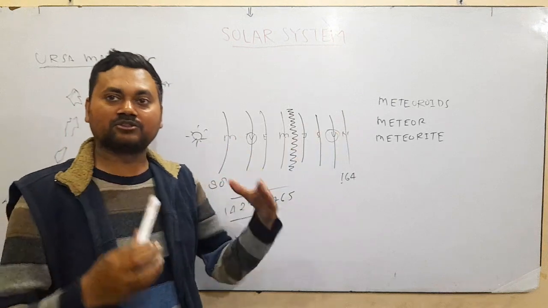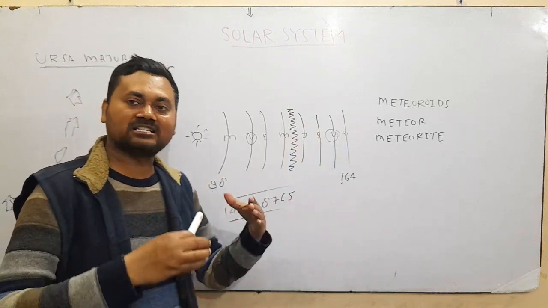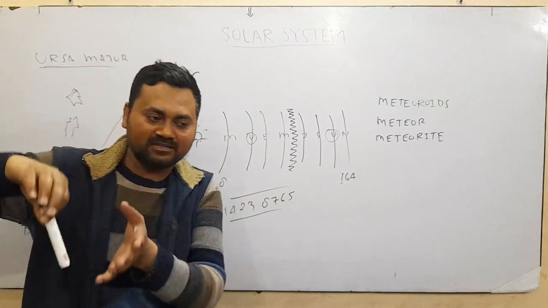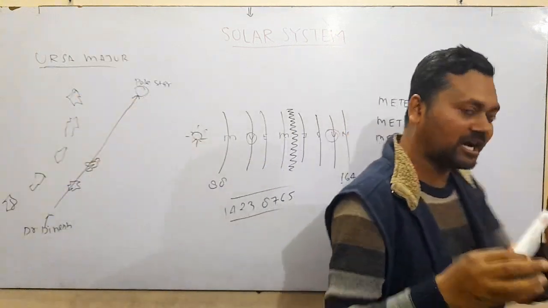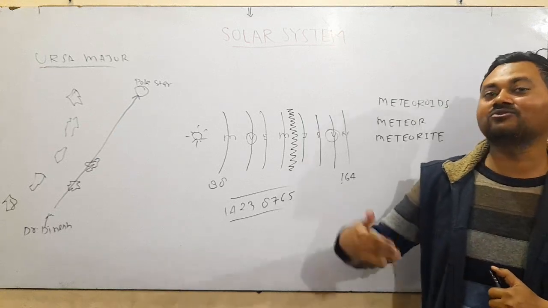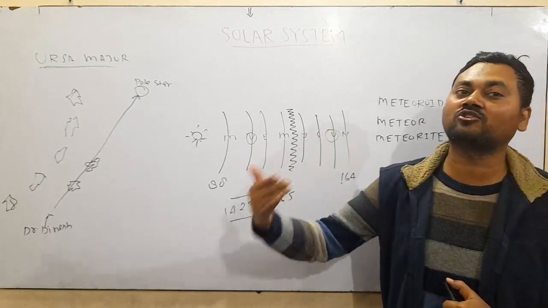Some of the meteoroids, when they are coming towards the earth, struggle a lot to cross the atmosphere of the earth.